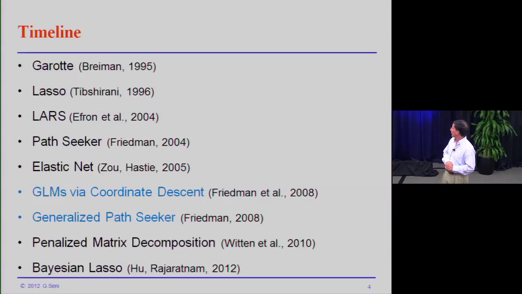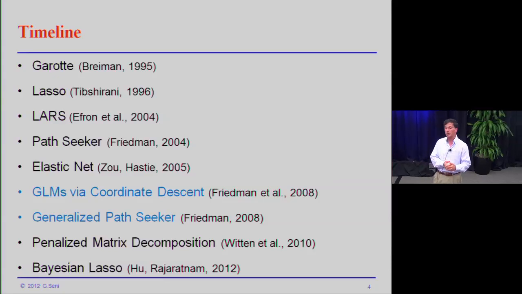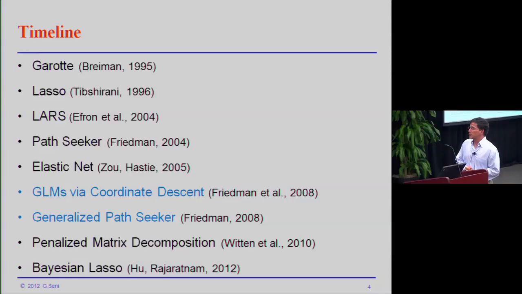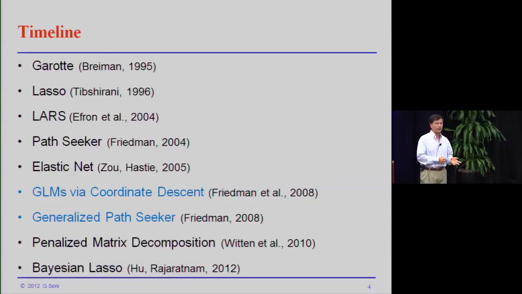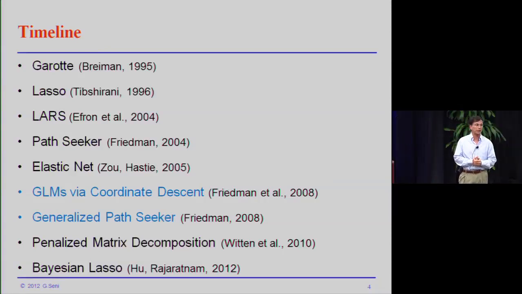But Breiman's garrote was a post-processing algorithm. It will run a traditional ordinary linear regression and then post-process those coefficient estimates. Tibshirani's lasso built on the garrote ideas, but it doesn't make explicit use of the ordinary linear regression coefficient estimates.